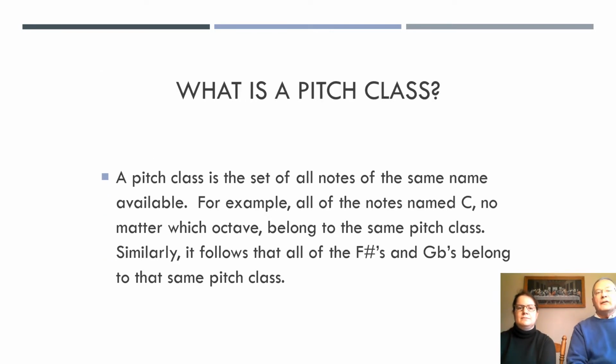Okay, what is a pitch class? We talked about that a little bit before. So a pitch class is the set of all notes of the same name that are available for that composition. For example, all of the notes named C, no matter which octave, belong to the same pitch class, namely the C pitch class.